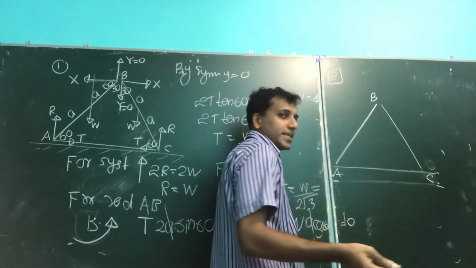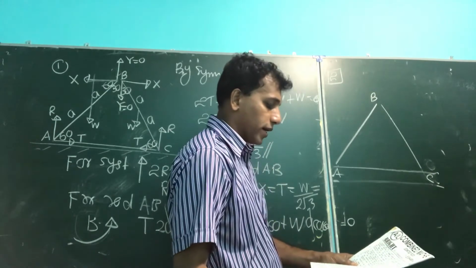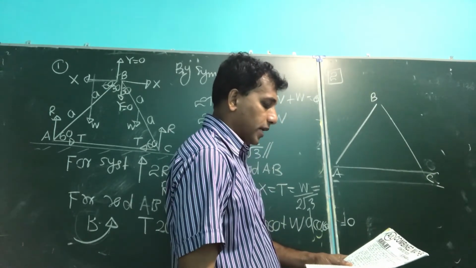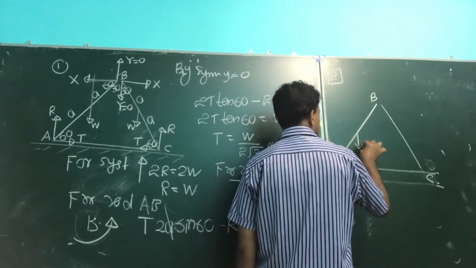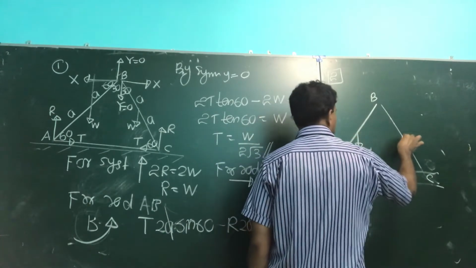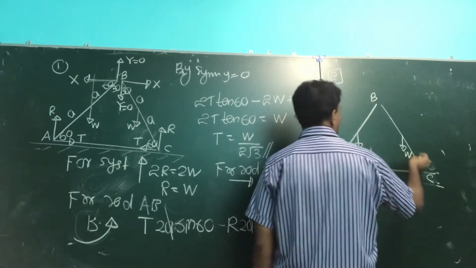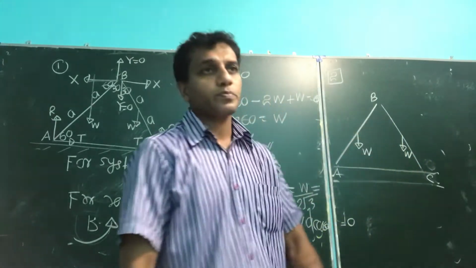Let's say the weight is equal to W, right? Two rods are kept in equilibrium. Under the forces, here the weight is W, and here also a weight W.